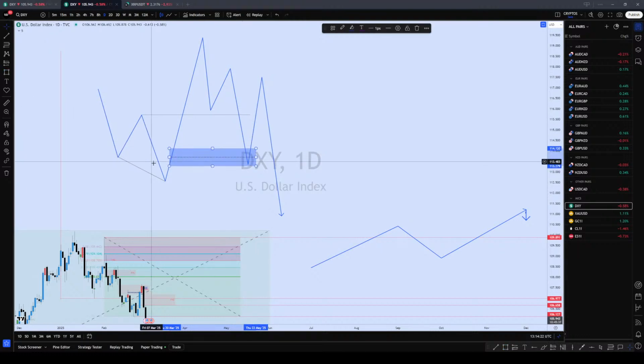Because when price is going up from here after taking out this low, it will leave most of the time a gap here. Either it's going to leave it here as a gap, or it's going to leave it over there as an inverted fair value gap.